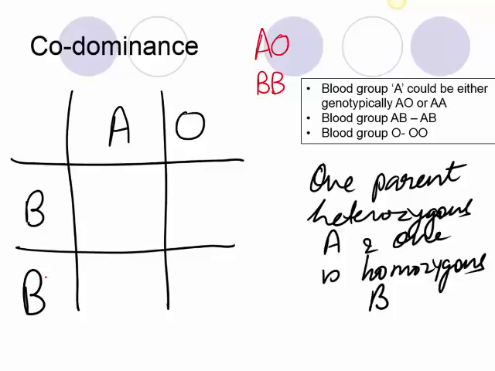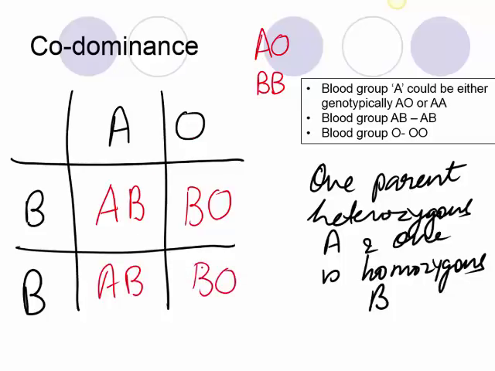So let us see what the possible blood types are. This and this will meet, you'll get AB. This and this meet, it is this. This and this meet, you get this. And this meet, you get this, right? So the possible blood types of the children would be either the child would be AB or the child is B, right?